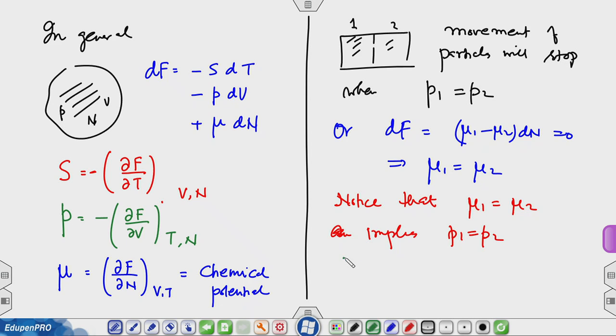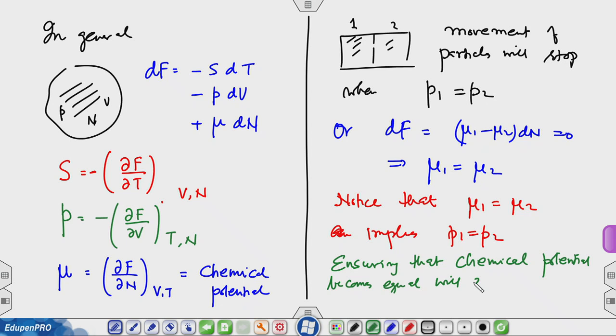And ensuring that chemical potential becomes equal will give both P and T being equal, as we'll see. In fact, I'll see this right in the next example.